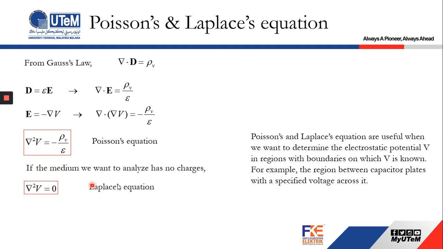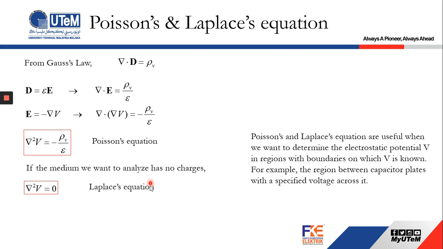Now, if the medium we want to analyze has no charges, then rho V is going to be 0. Hence, we get del squared V equals 0. Despite this being exactly the same equation, but one has a value and this one has a 0, it has a separate name because it was derived by two separate people. So if we have del squared V equals 0, it is called the Laplace equation.